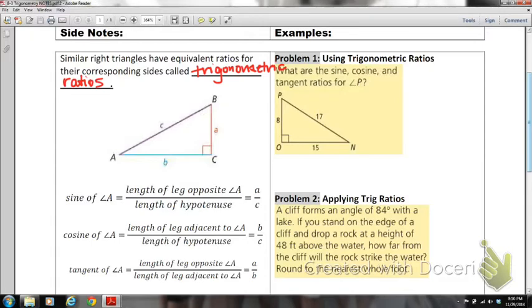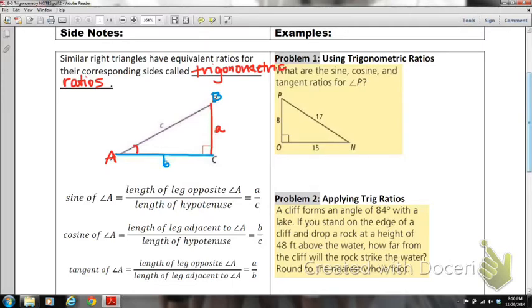So in this particular triangle, we have angle A, and the side opposite angle A is a little letter a. And then we have angle B, and the side opposite B is a little b.